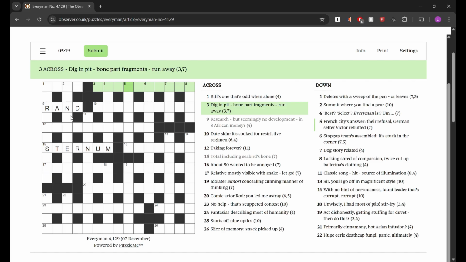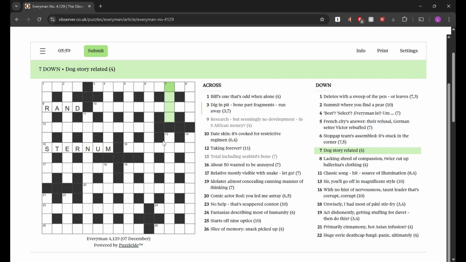Bone part fragments. Maybe we're anagramming bone part to get something that means run away. Bone part would be 8 letters, need another 2. Dig in pit. Run away, like depart, or we'll come back to that one.